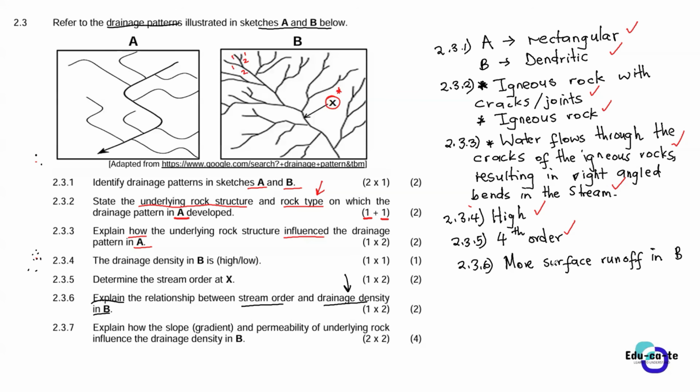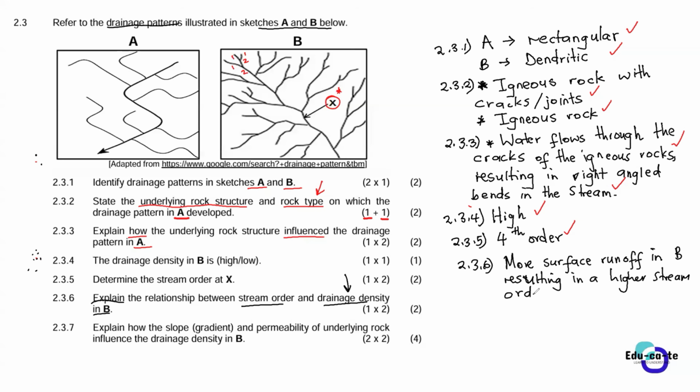We're going to have more streams, so higher stream order. Okay, nice. Anyone else who thinks of anything else? Nothing else, right? So if we're going to have more surface runoff in B, it results in a higher stream order. You need to just put the link there.